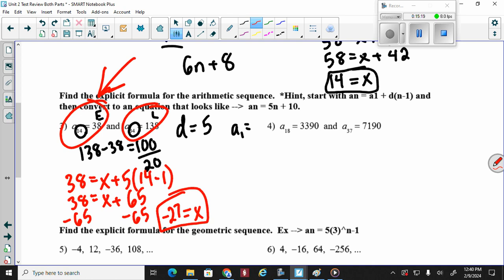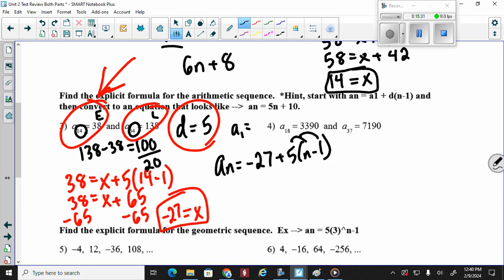So I know my first term and my common difference. Now it's time to plug it in. A of n is equal to negative 27 plus 5 times n minus 1. Distribute: negative 27 plus 5n minus 5. Combine the first, combine the last: 5n minus 32. There we go.